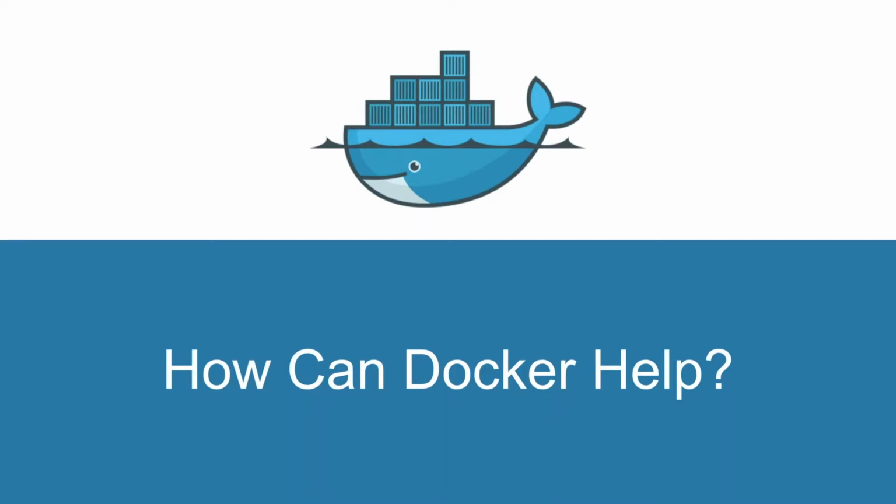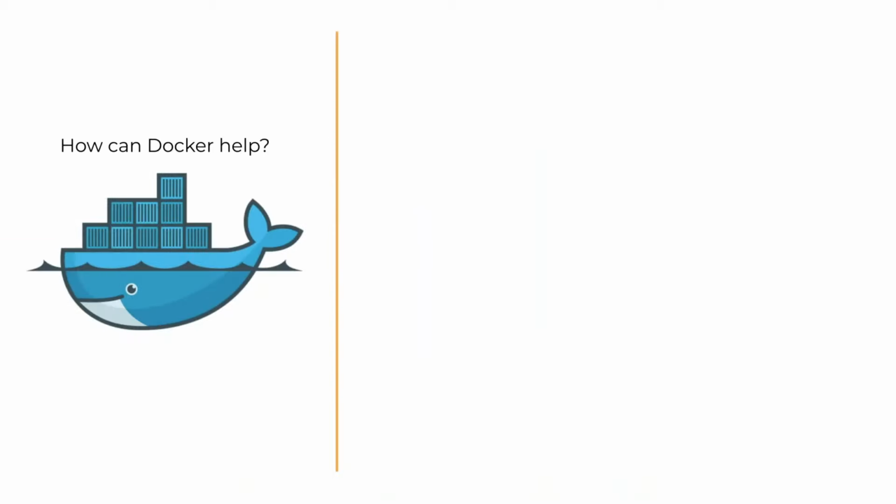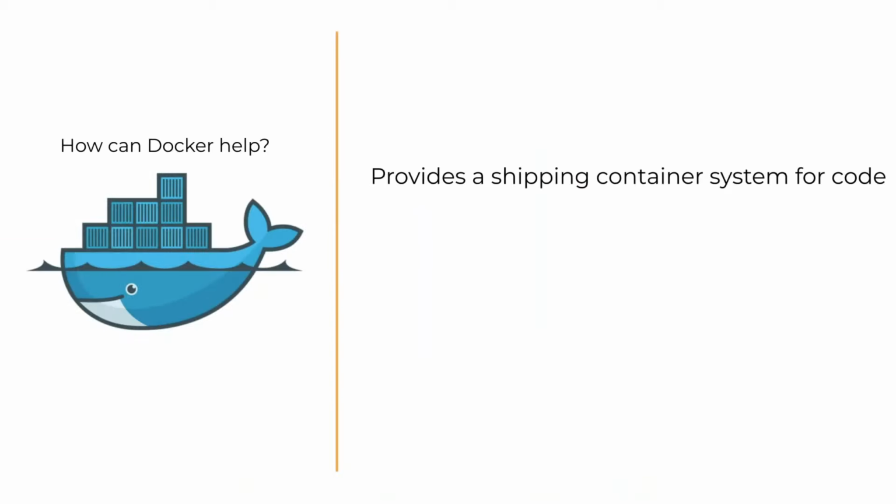Well, that relates to us as either developers or DevOps, and you'll see that as we move along here. So how does Docker help? Well, it provides a shipping container system for code. Now, the first time I heard that, I could think of 10 other things that you could probably say provide a shipping container system for code, but you'll see a little more about what I mean as we move along.